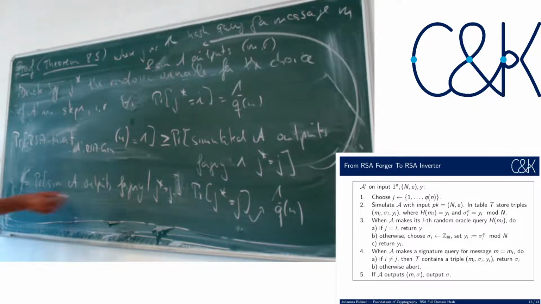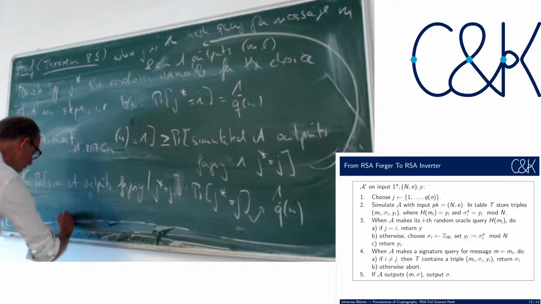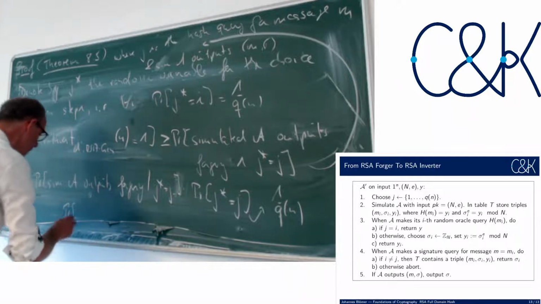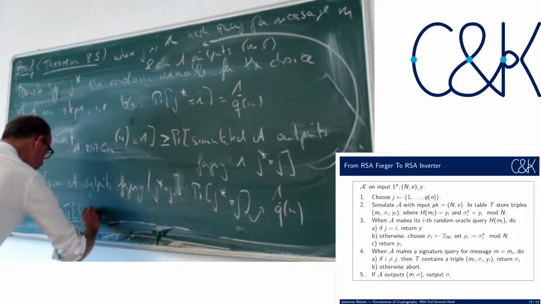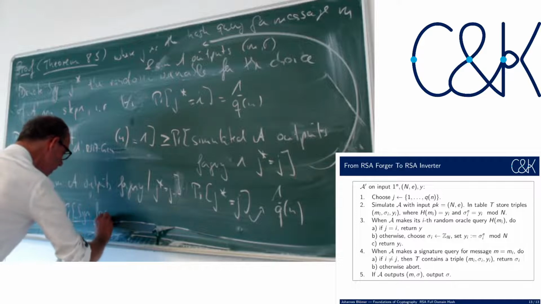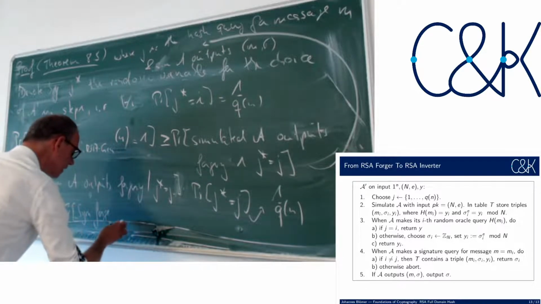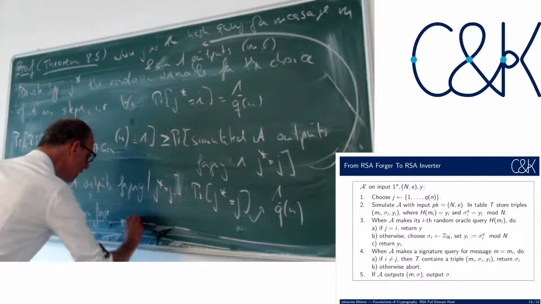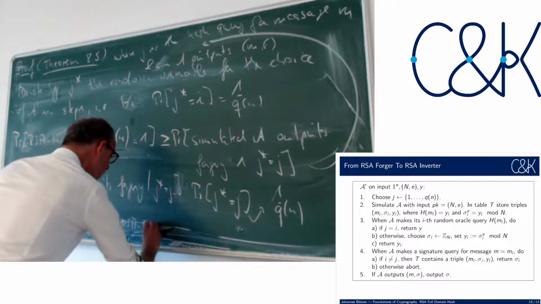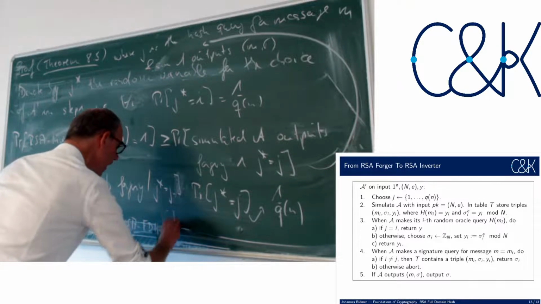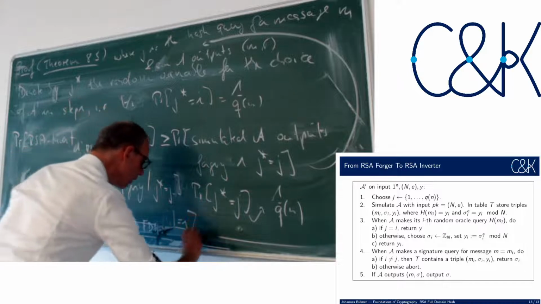So conditioned on this, this is the probability of sign forge of A against RSA full domain hash n is 1.